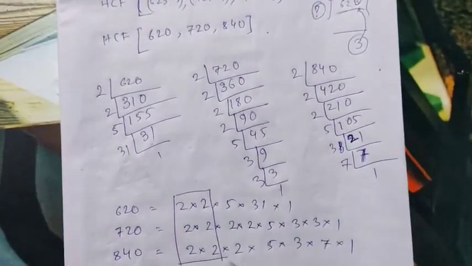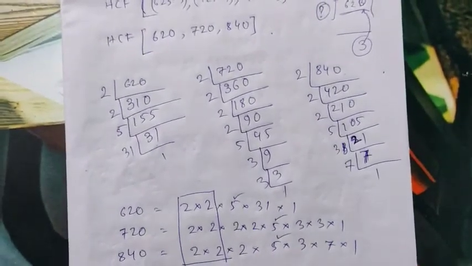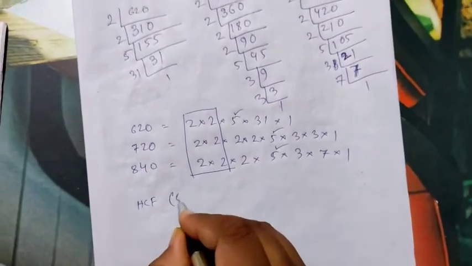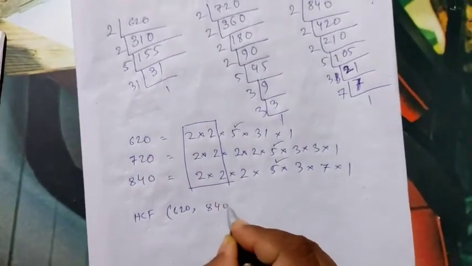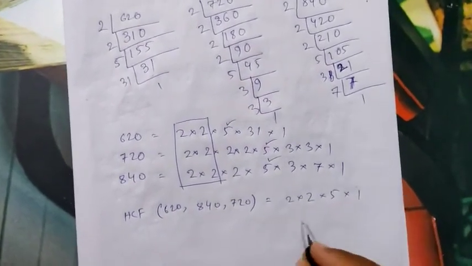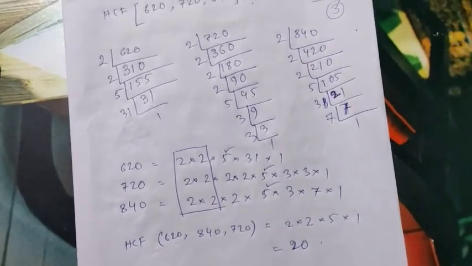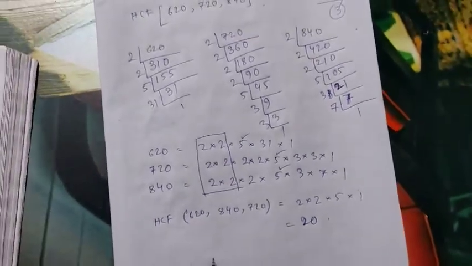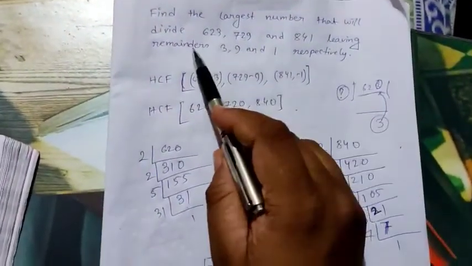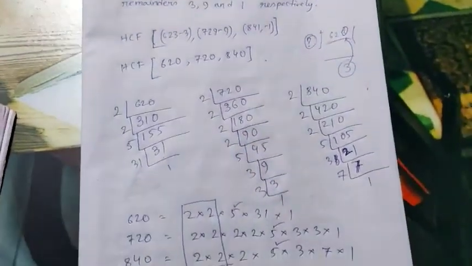Both 2s are there, then 5, and the 1. So the HCF of 620, 840, 720 is equal to 2 into 2 into 5 into 1. So that is 20. 20 is the HCF. So 20 is the largest number that will divide each of them, leaving remainders 3, 9 and 1 respectively.